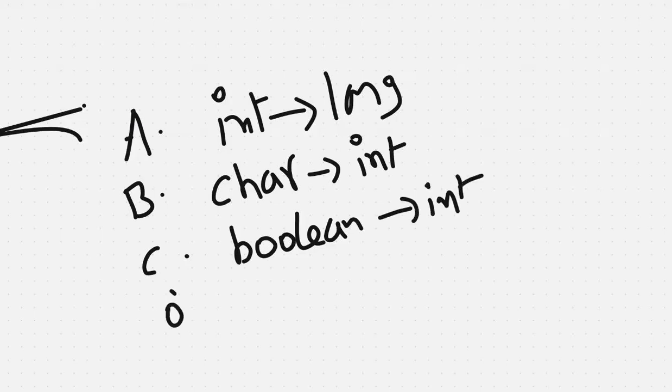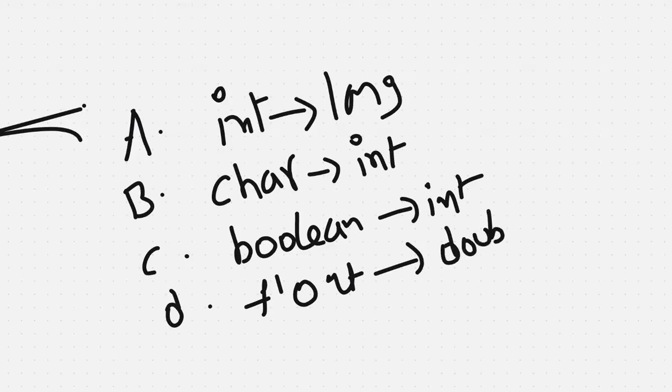D option, float to double. The question is, which of the following is not allowed in Java? I am repeating the question again: which of the following is not allowed in Java?